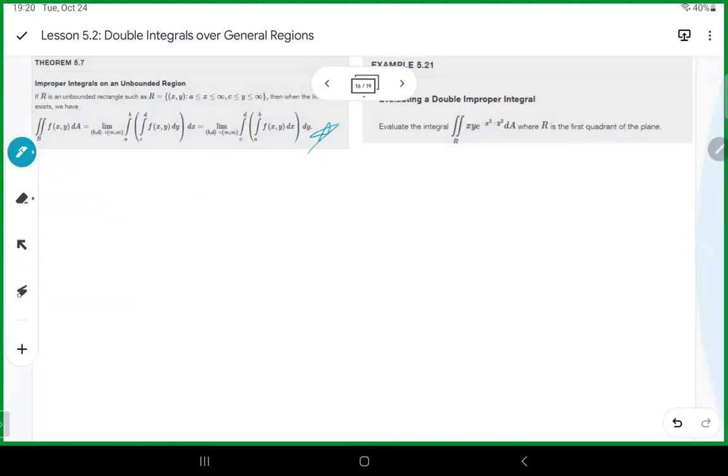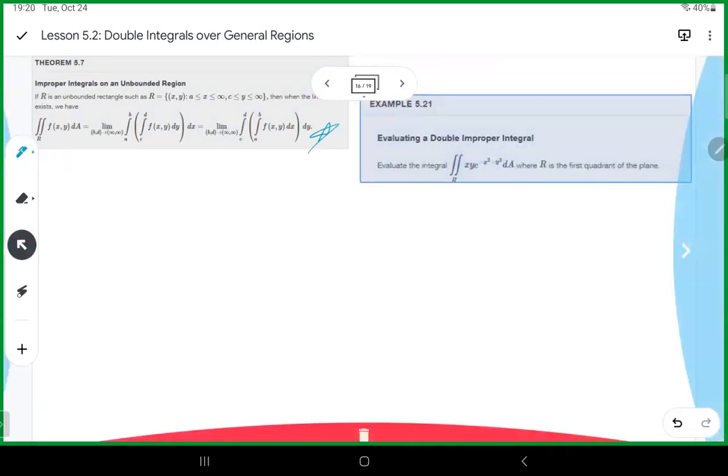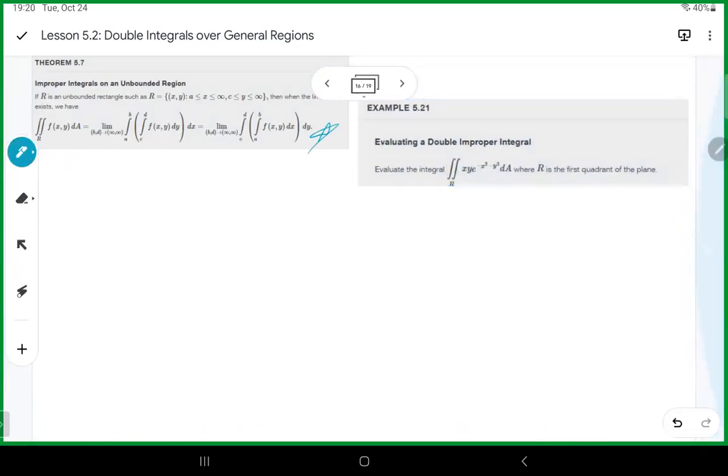Here's another theorem mashed up with an example. So the region R is the first quadrant of the plane, which is unbounded.